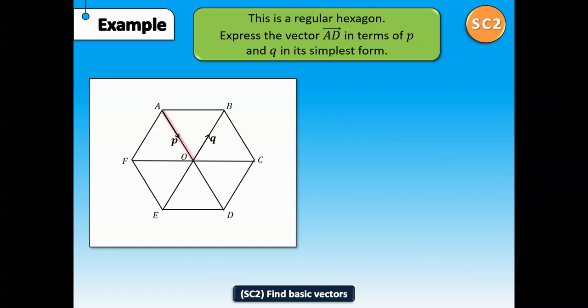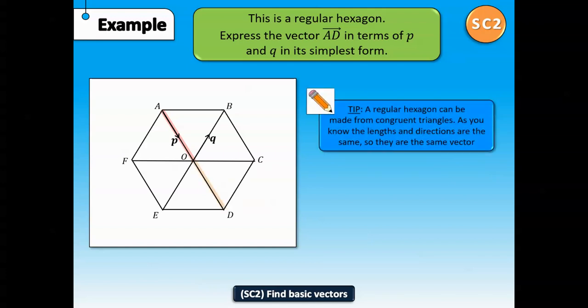So I can travel along P from A to O, and then I can go from O to D. So a regular hexagon can be made from congruent triangles. And as you know, the lengths and directions are the same, so are the vectors.